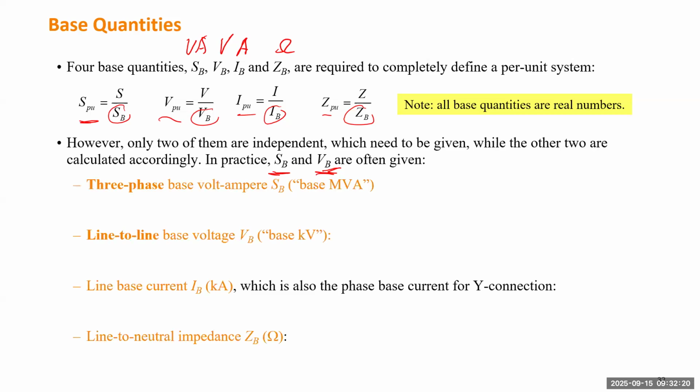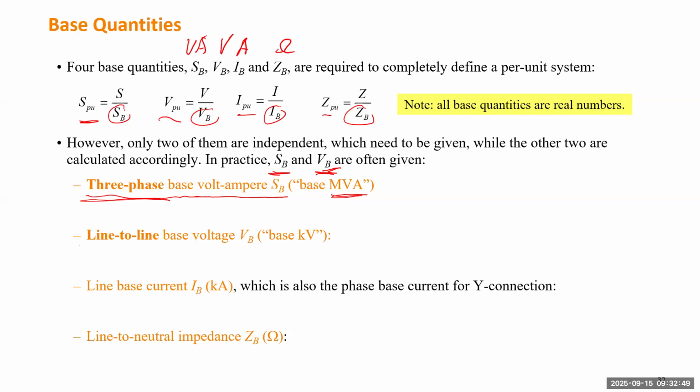Okay, but which type of base value do we need to select? Because we are talking about three-phase systems. Usually for power, we pick three-phase base volt ampere, basically the apparent power of three-phase. Usually the unit will be MVA, because most of the devices will be at the megawatt power level.